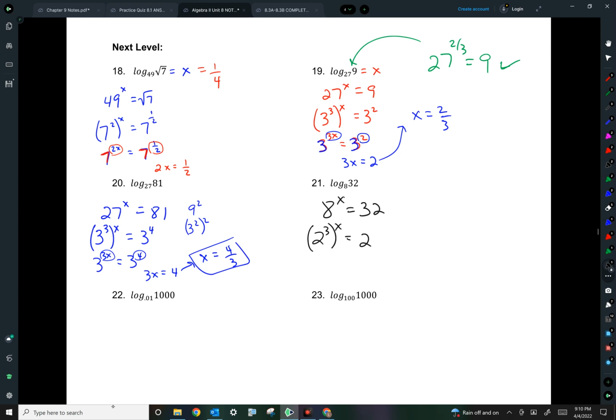I don't know if you remember, but we said that 2 to the 5th is 32. Oh, so if they have the same base of 2, notice the exponent over here is 3x, and that has to equal the exponent over here of 5. So doesn't that mean x is 5/3? So we're getting the same base on both sides.